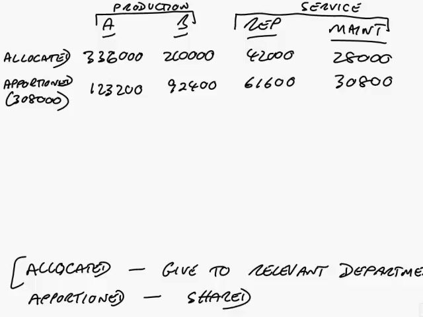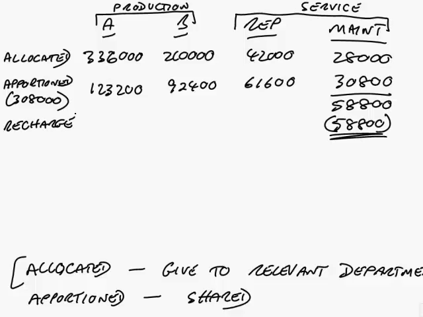But how do they do the work? 40% is for A. So 40% of 58,800 is 23,520. 40% to B, so again 23,520. 20% to repairs. Well, 20% of 58,800, 11,760. I'm not going to keep asking, but you stop me the minute you're not clear. But charge maintenance where it does the work.